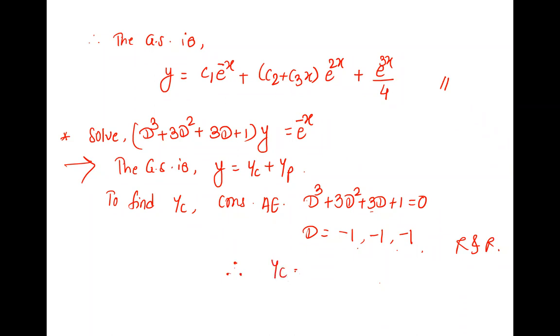YC is equal to C1 plus C2x plus C3 x square, 3 constants collected as it is repeating 3 times, into e raised to minus x. Yes, very good. This is your half part. Any doubt?